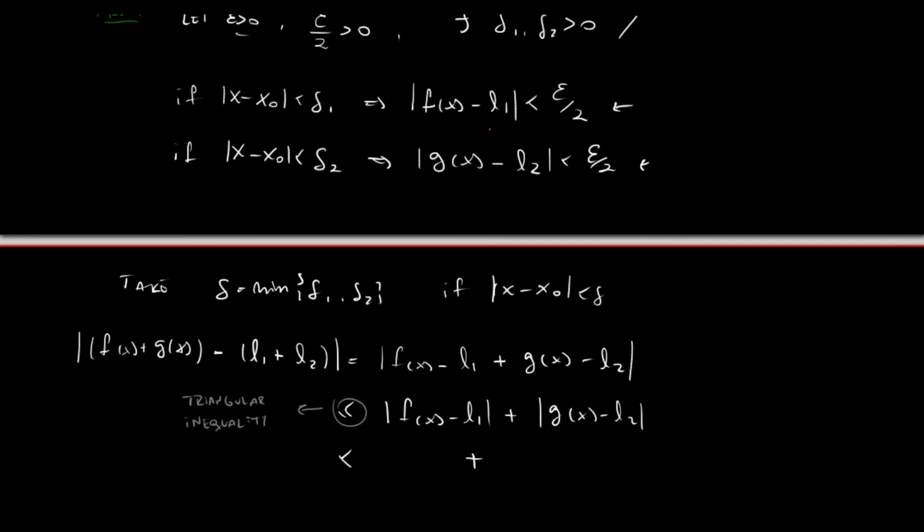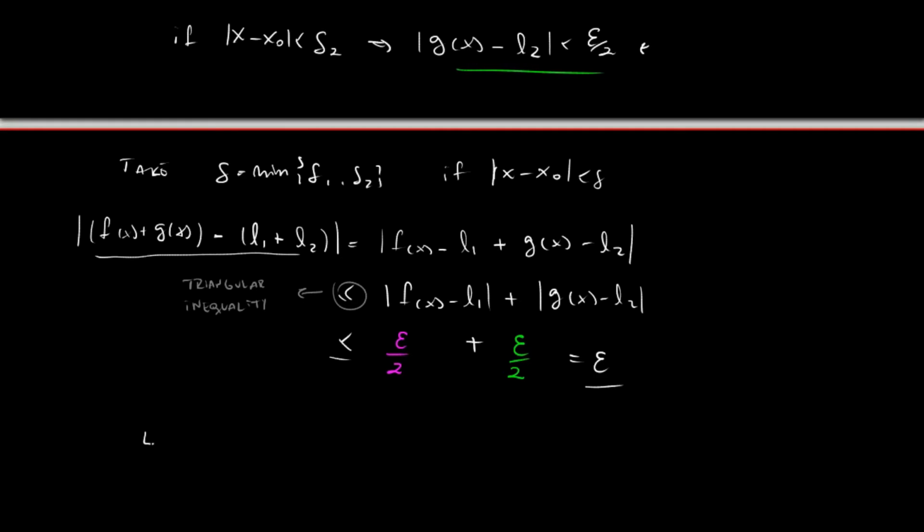In the first term, epsilon over 2, and in the second term again, epsilon over 2. And the sum of these two terms, epsilon over 2 plus epsilon over 2, is epsilon. So we made this smaller than epsilon. And that is exactly the definition of the limit as x goes to x0 of f of x plus g of x is L1 plus L2. And this is going to be very, very useful in finding limits of sums of functions.